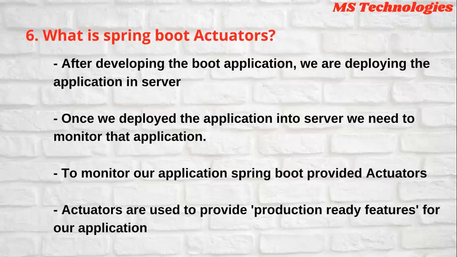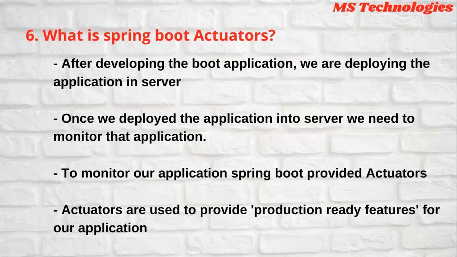To monitor our application, Spring Boot provides the Actuator concept. What is the purpose of Actuator? To monitor our application. Actuators are used to provide production-ready features for our application, and by using those features we can monitor the application.